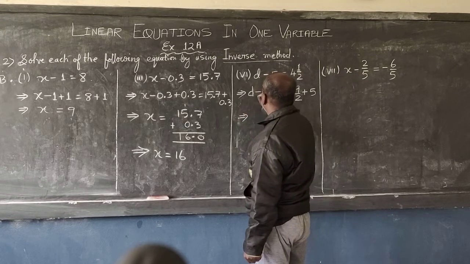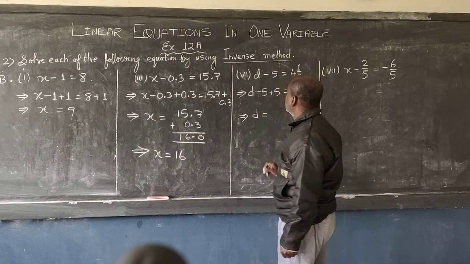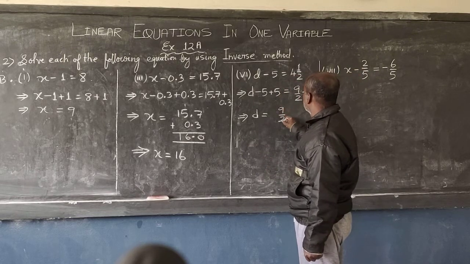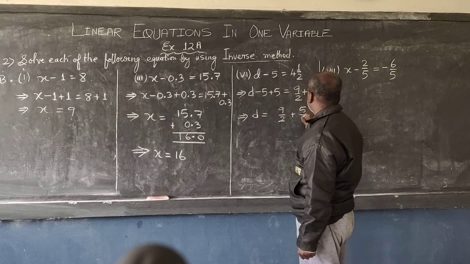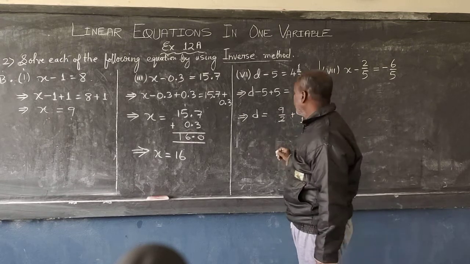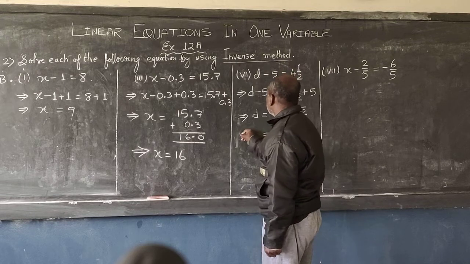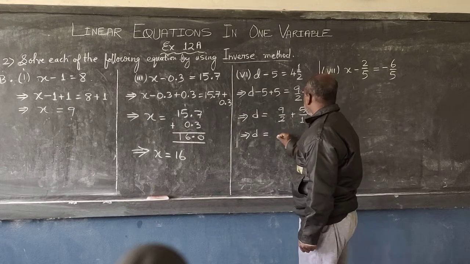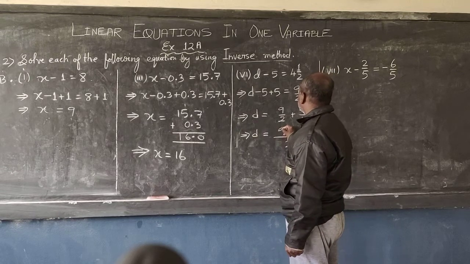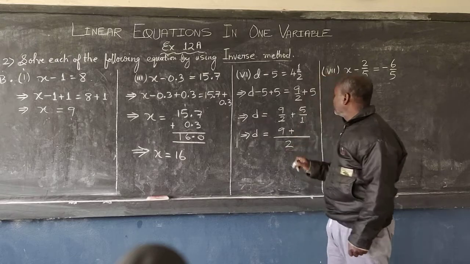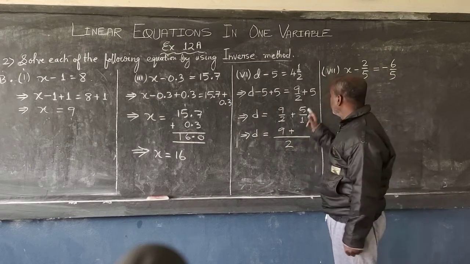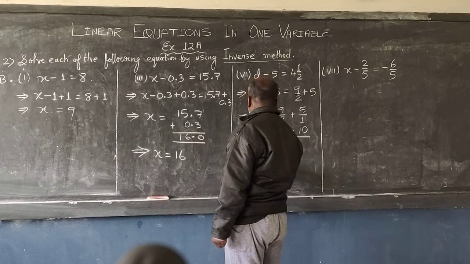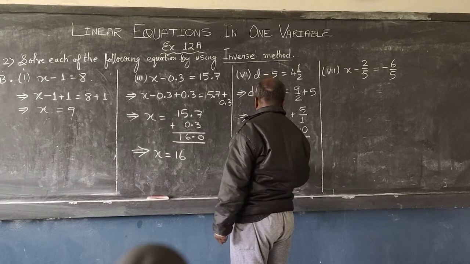Now minus 5 and plus 5 cancel each other out. Only b remains. Now 5 means 5 by 1, and you need to write this 1 when you are dealing with fractions. Where the denominator is nothing, it means 1. 1 2s are 2. 2 into 5 is 10. 19 by 2.